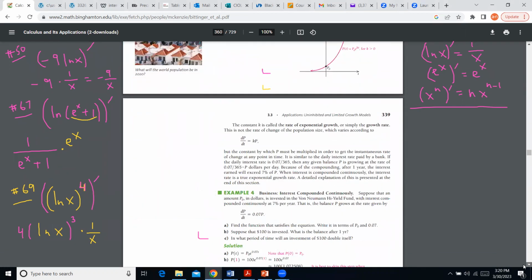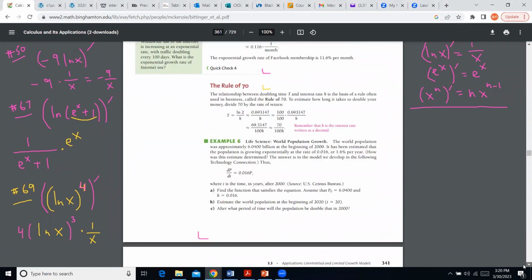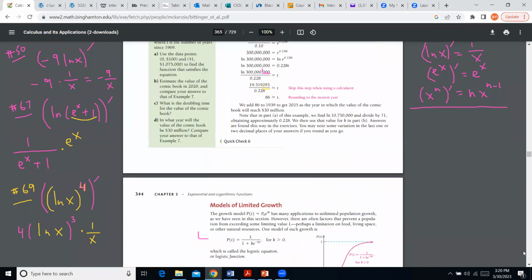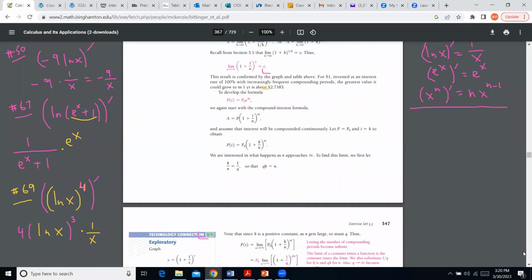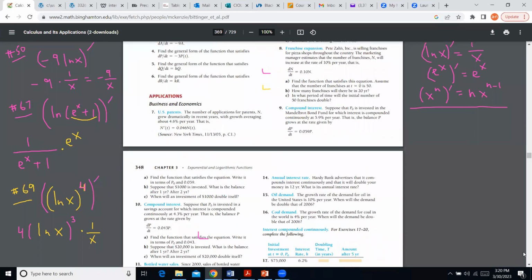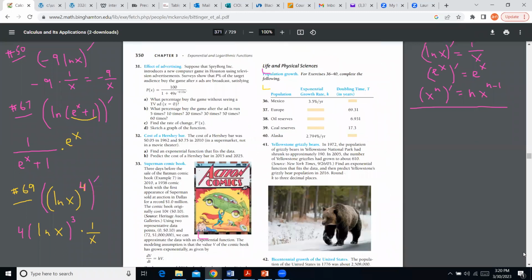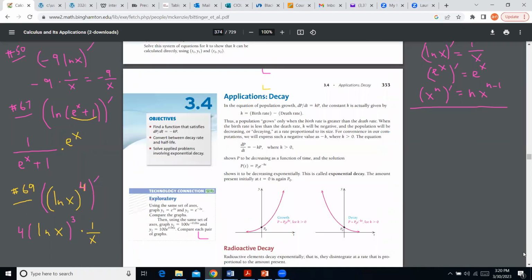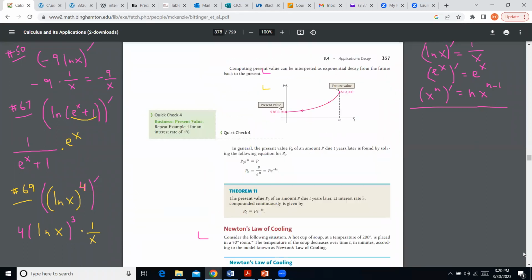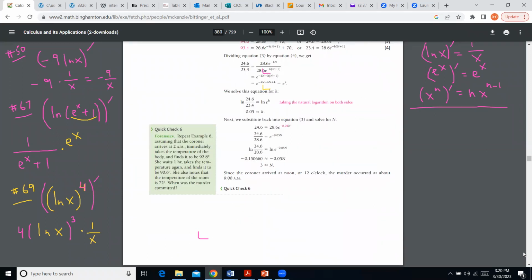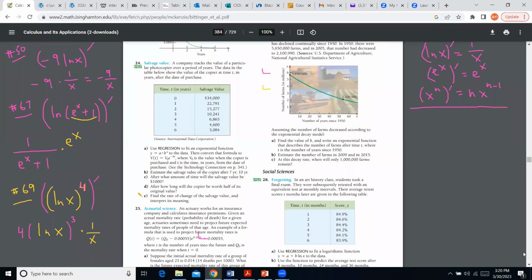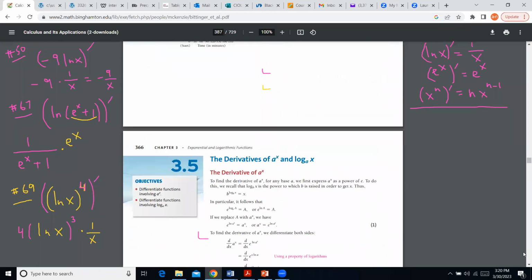We skip it and we do section 3.4 that continues with more formulas, with more derivatives for logarithms as well as for different powers. So actually it's 3.5, sorry. Yeah, these are mathematical models that I'm not going to touch, but move to 3.5.